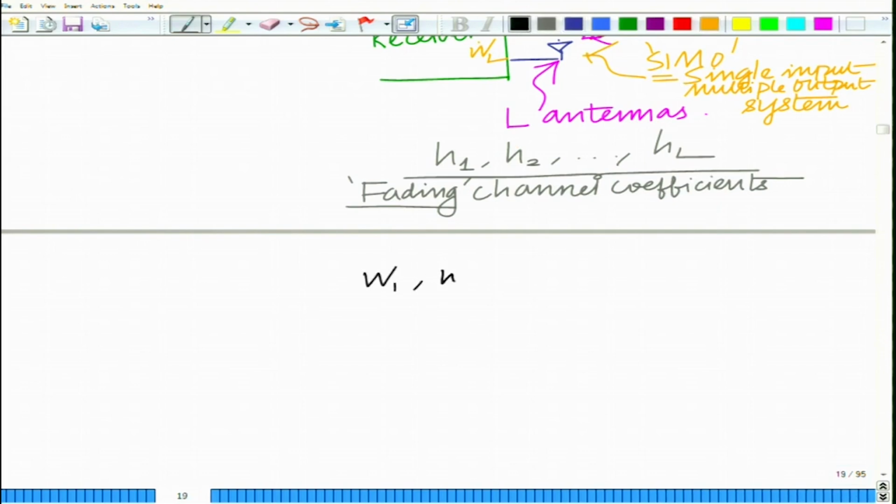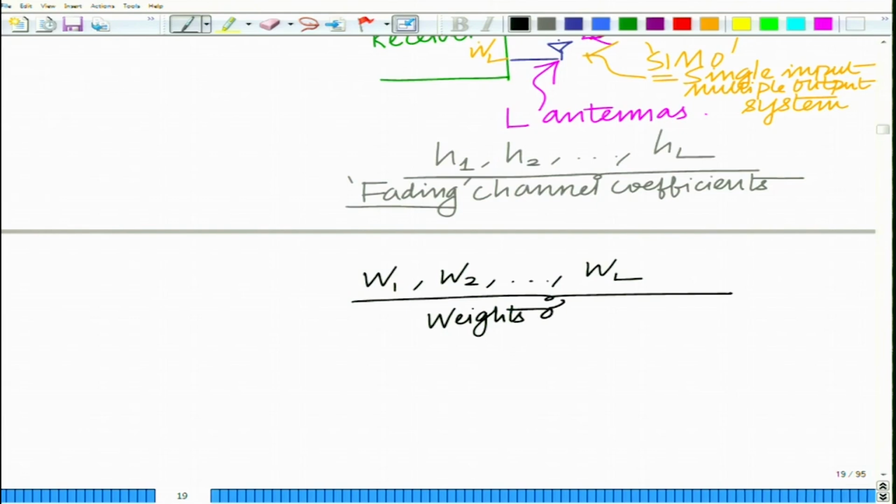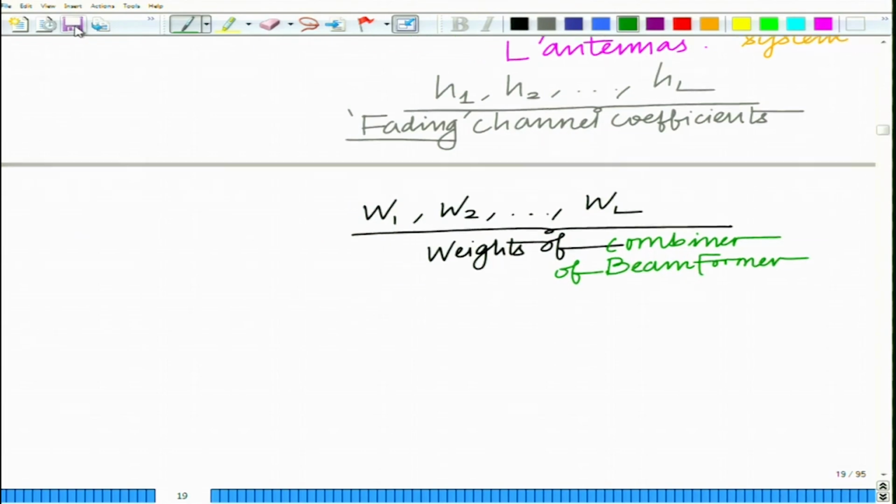You can think of these as the weights of the combiner, or also the beamformer.